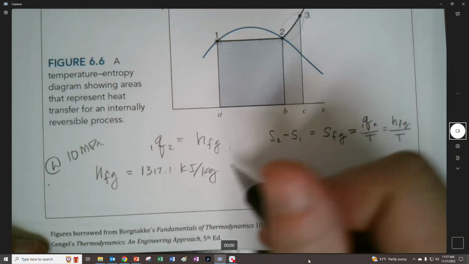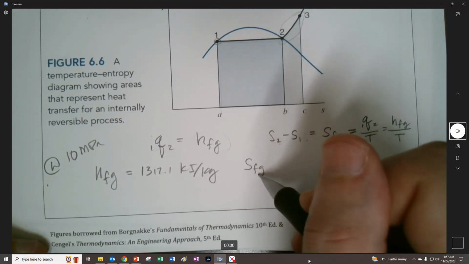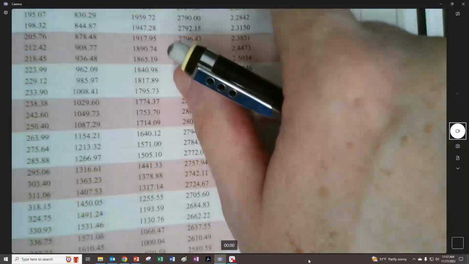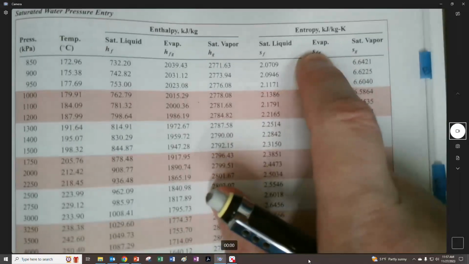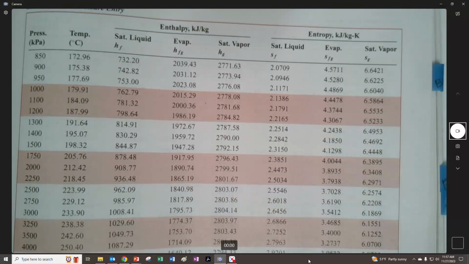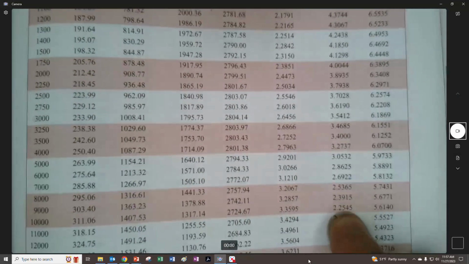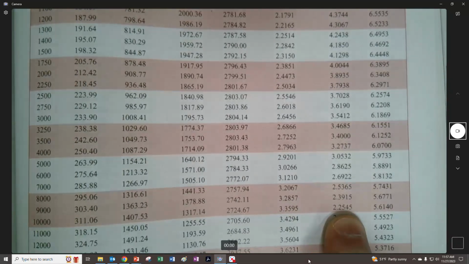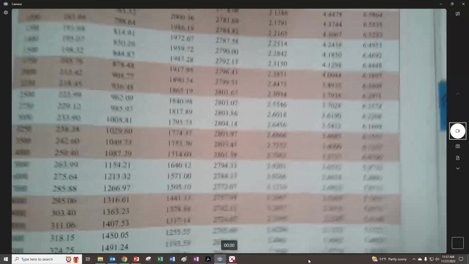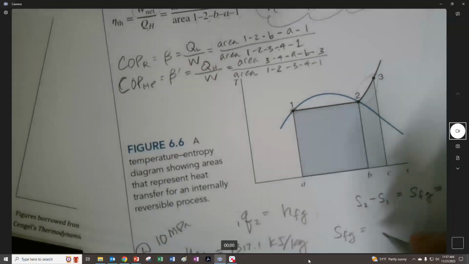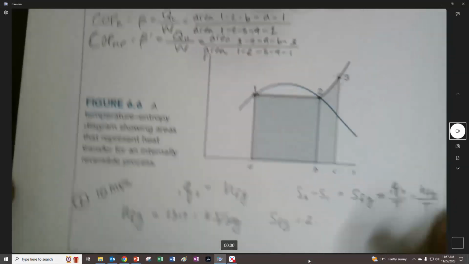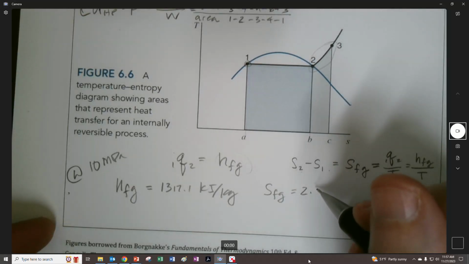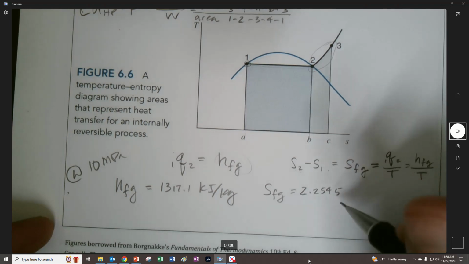Let's see what SFG is going to be equal to. Right up in here, and following that down at 10,000, we should have 2.2545, let's say.